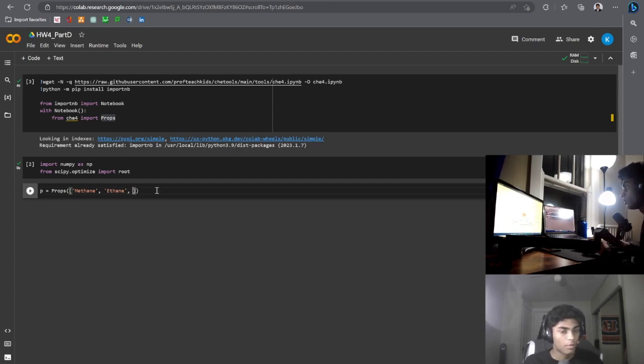Going to import propane. I wonder if it does this. I can go back and double check that later.